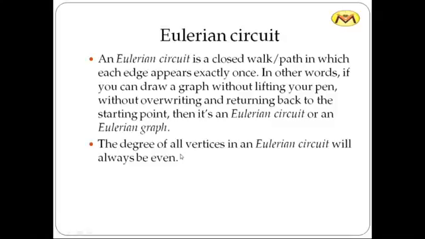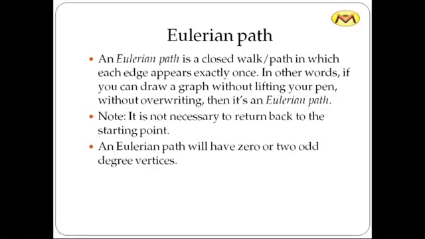And then there is something called an Eulerian path. So an Eulerian path is the same thing except for one condition, that you can start from a city and you can end in any other city. So if you start from city A, you can end in any other city. It's not important that you come back to the same city.